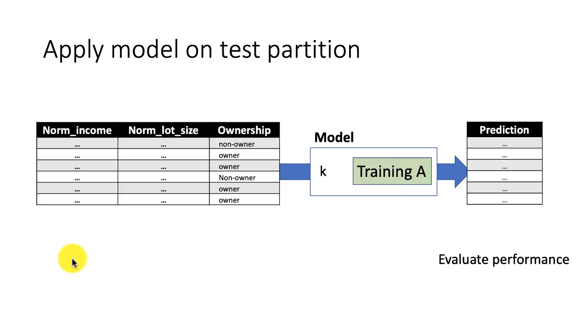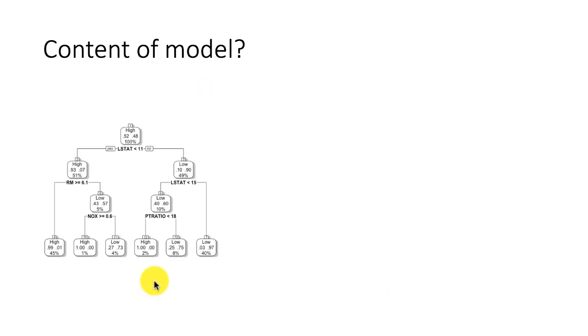This is peculiar because KNN is the only method in which the model actually contains some data. In none of the other methods is any of the data part of the model, but in KNN it happens to be. Just to make this explicit, the content of the model in the case of classification tree is the actual tree.